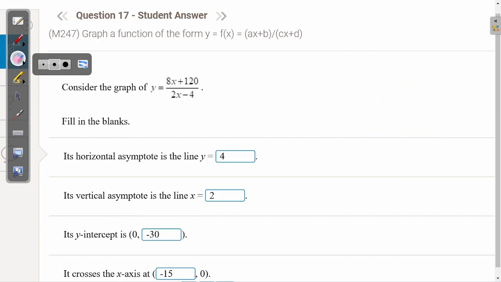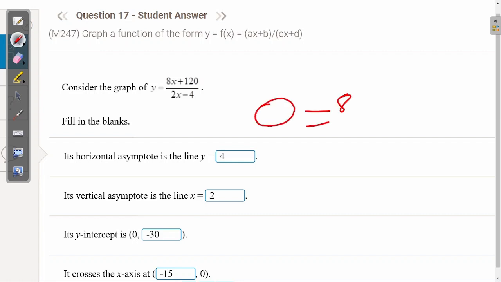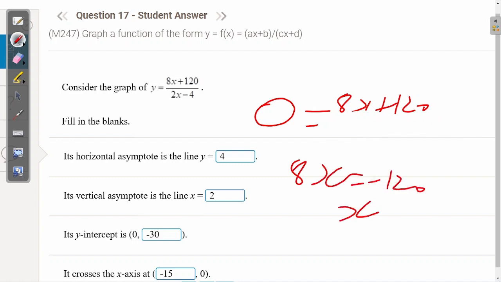Crosses the x-axis, meaning x-intercept, meaning y is 0. 0 equals 8x plus 120 over 2x minus 4, which means the numerator is 0. So 8x plus 120 equals 0, 8x equals negative 120, x equals negative 15.